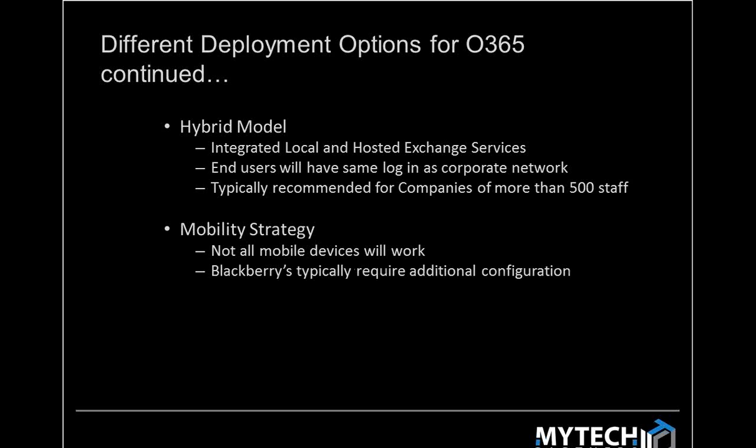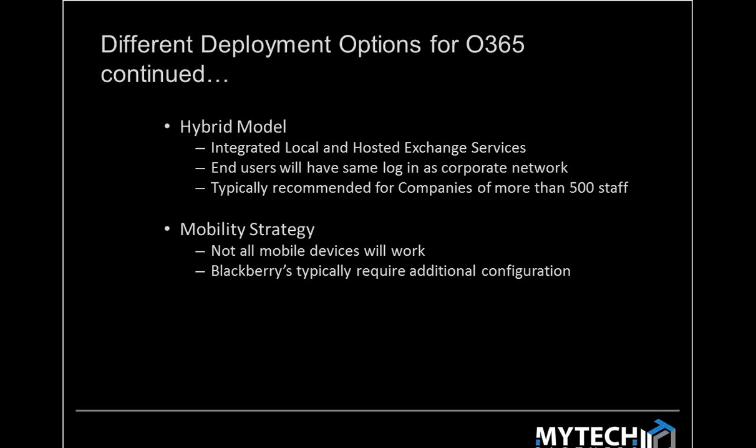Especially in this day and age, BlackBerries are a big one. Any of the more advanced IT staff listening in know that when you have a BlackBerry, you need a BES server, a BlackBerry Enterprise Server.